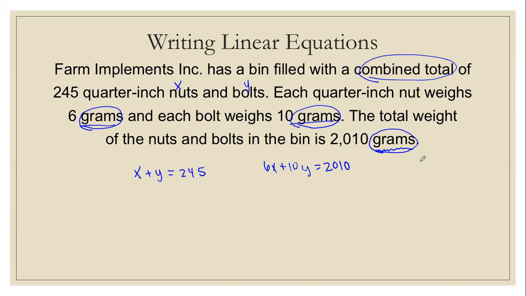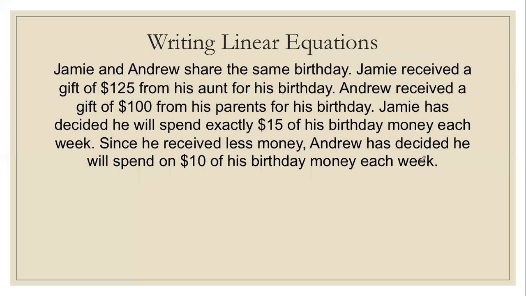Okay, let's try another one. On this one, they are not in standard form. They're going to be both in slope-intercept form, so y equals mx plus b. Jamie and Andrew share the same birthday. Jamie received a gift of $125 from his aunt for his birthday.